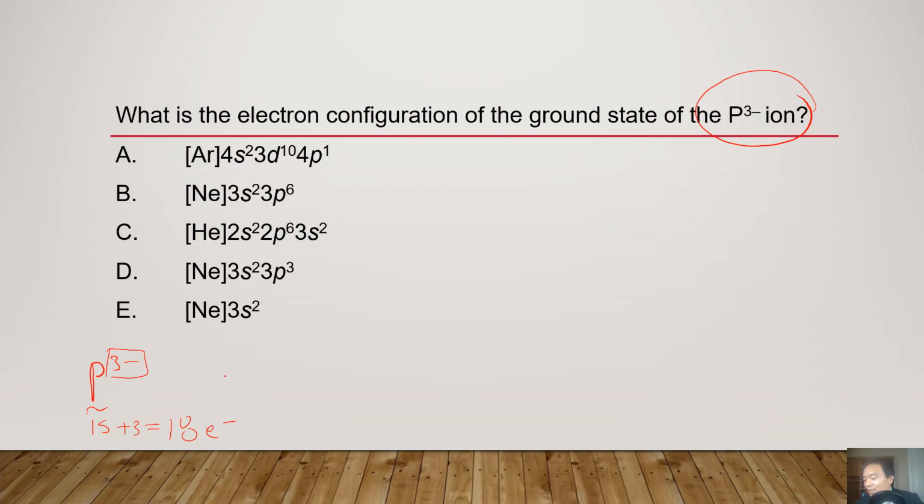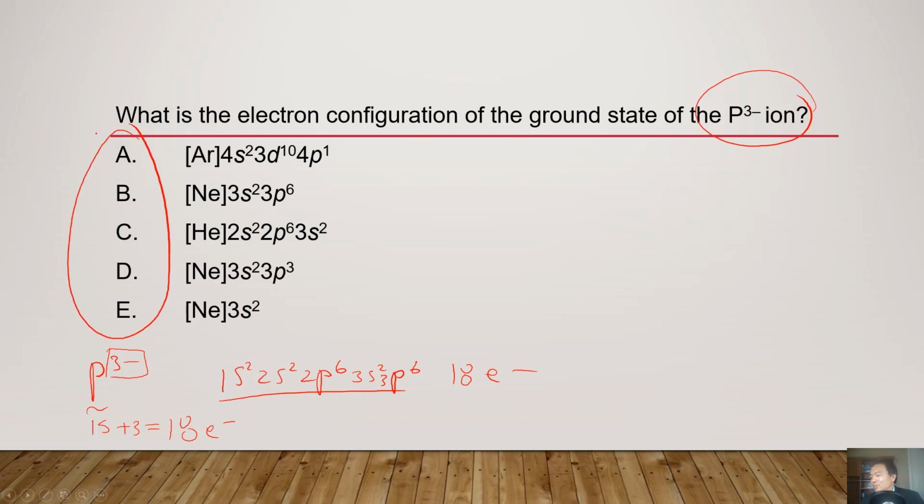So how do you do 18? 1s2, 2s2, 2p6, 3s2, 3p6. That's 18 electrons. But when you look at all the choices, I don't see any one of those. So what happened?